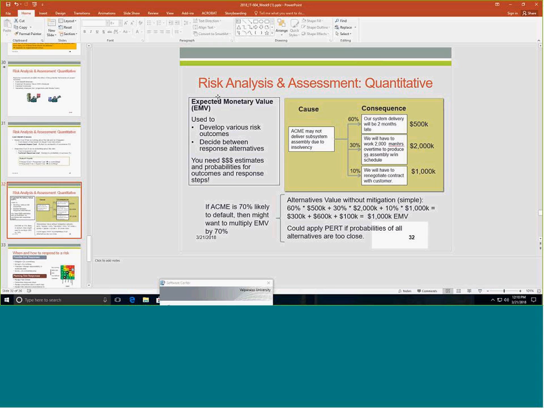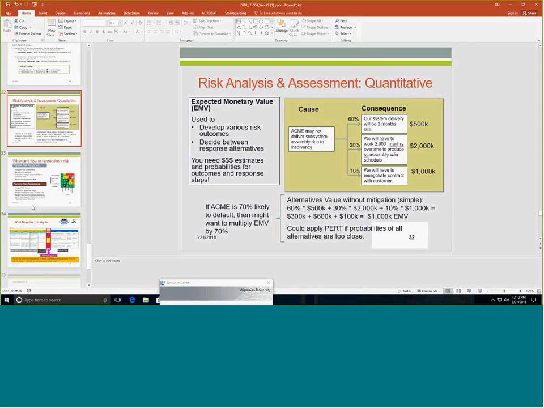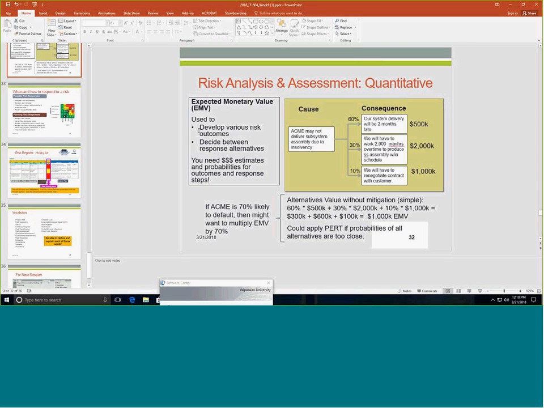So here is an overview of the expected monetary value. The monetary value is another way of calculating or quantifying risk outcomes. It's a cost, and then you figure out what the consequences could be, right?